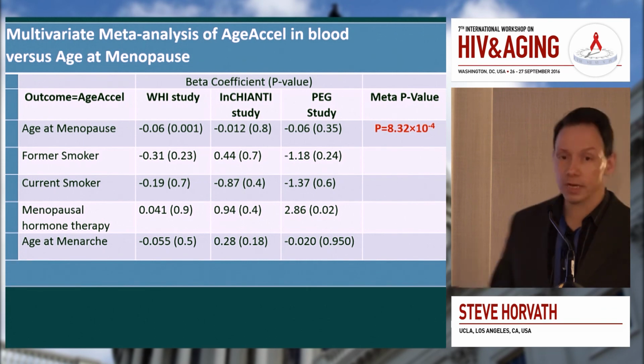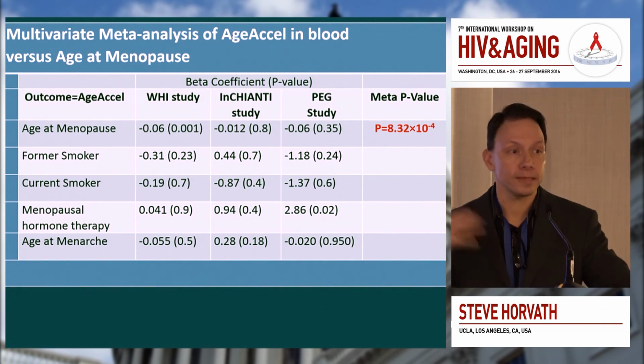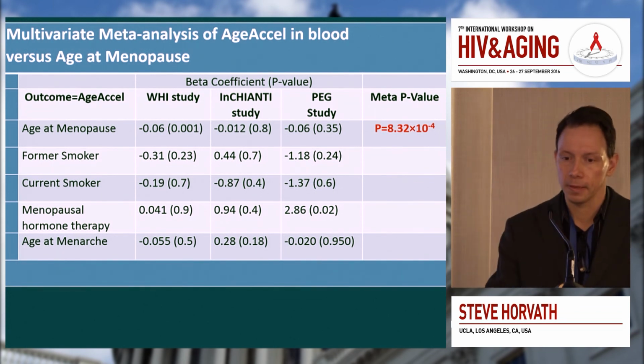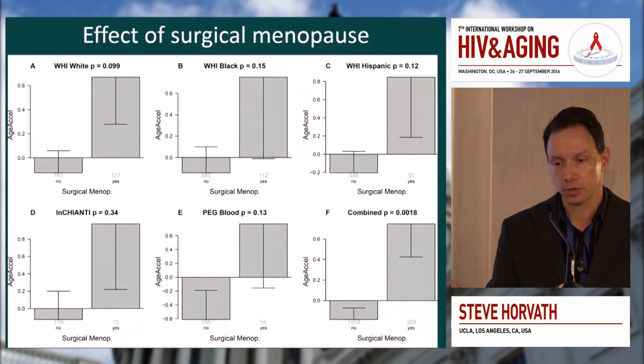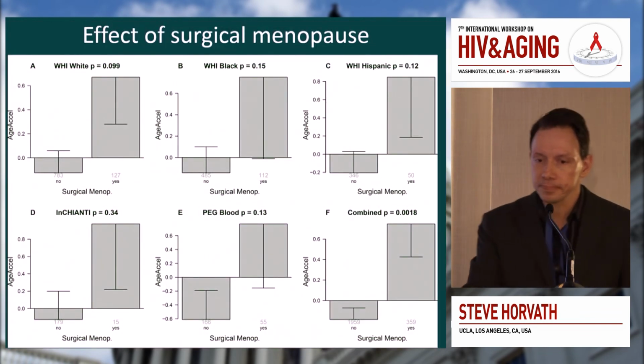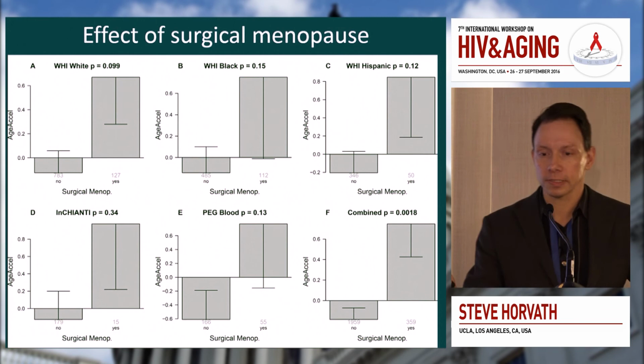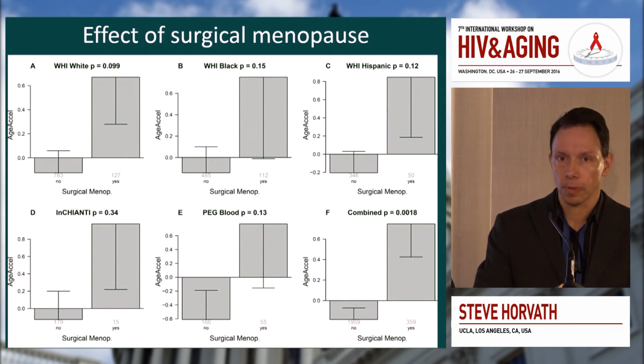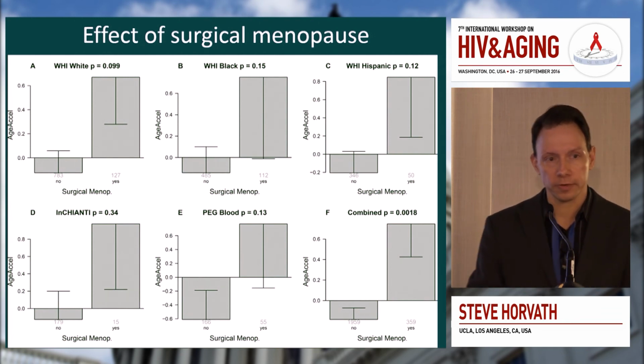We found a p-value of 10 to the minus 4. So there is an association. It's a very weak association, though, right? You need a large sample size to find it. However, association is not causation. To make a causal statement, we made use of the fact that some of these women, unfortunately, had undergone what is known as surgical menopause or bilateral oophorectomy.